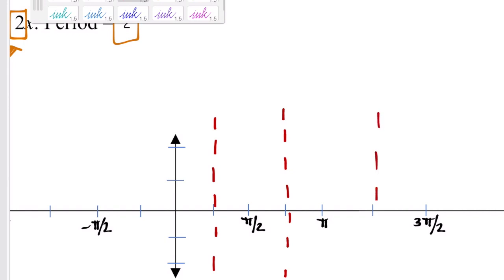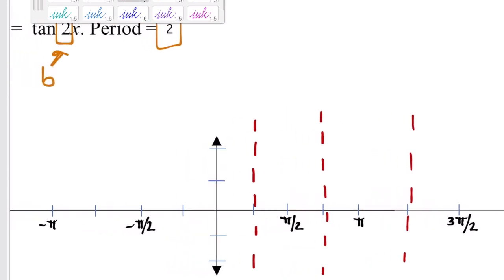So here, here, and then on the other side for the negatives. And then remember, as we're reading left to right, tangent is going up. So I start at 0, and I'll be going up as I'm reading left to right with my worm.